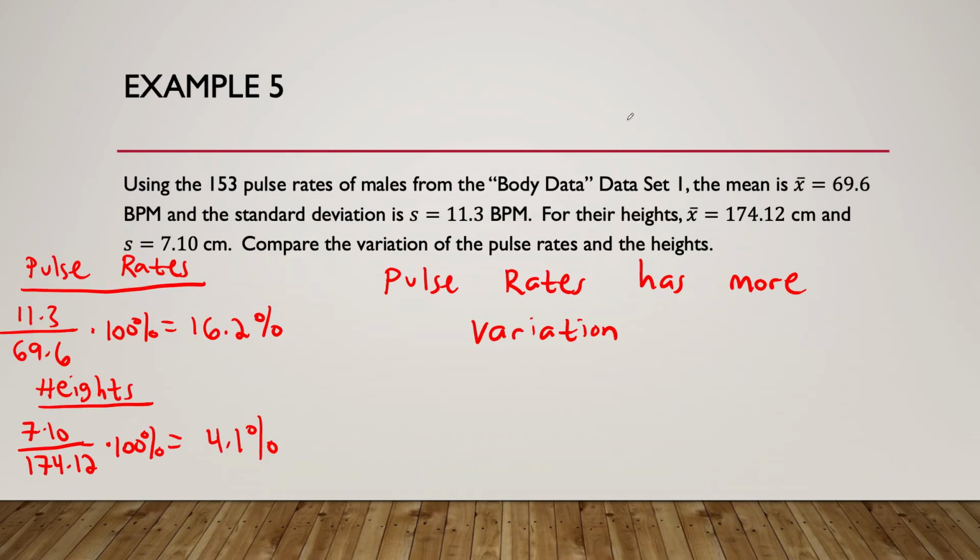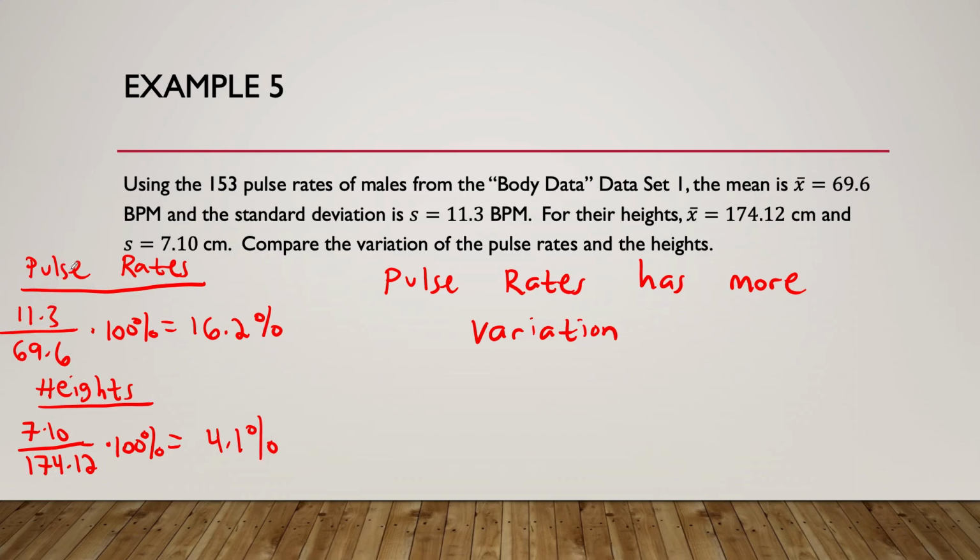So for example, using the 153 pulse rates of males from the body data dataset 1, the mean x bar is 69.6 beats per minute, and the standard deviation s is 11.3 beats per minute. For their heights, x bar is 174.12 centimeters, and the sample standard deviation s is 7.10 centimeters. We want to compare the variation of the pulse rates and the heights.